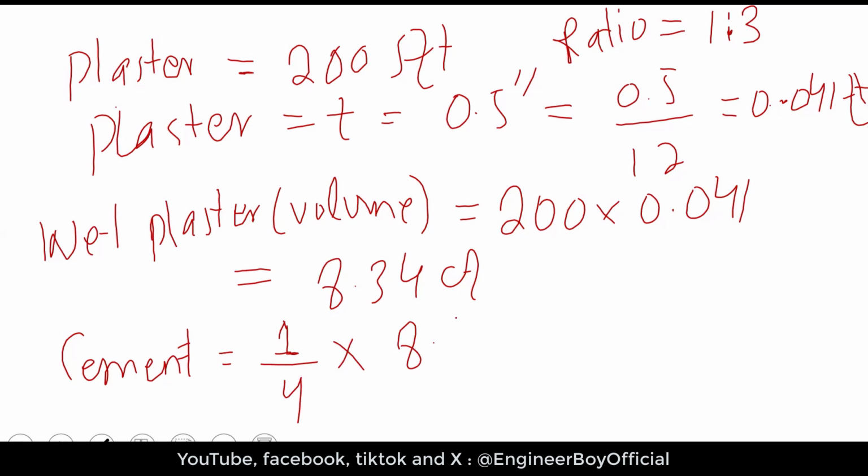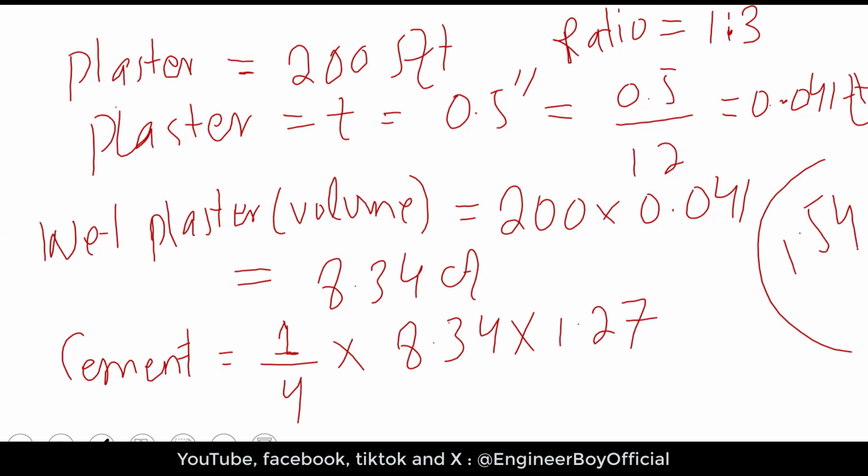We have wet, that is 8.34. Let's multiply this with 1.27. For concrete, it was 1.54. This time we have 1.27 because we don't have the coarse aggregates. And the voids present in the sand should be filled with the quantity of cement. We consider it the same thing.